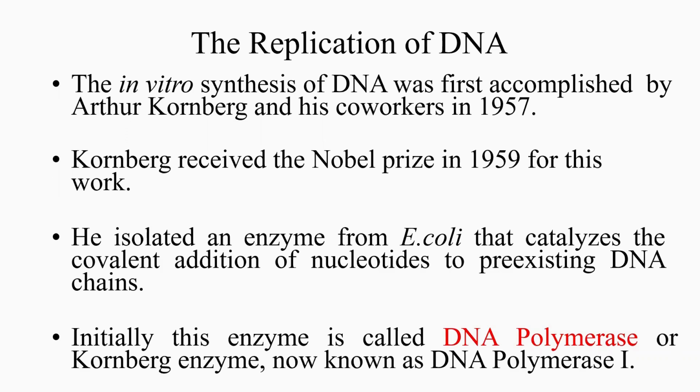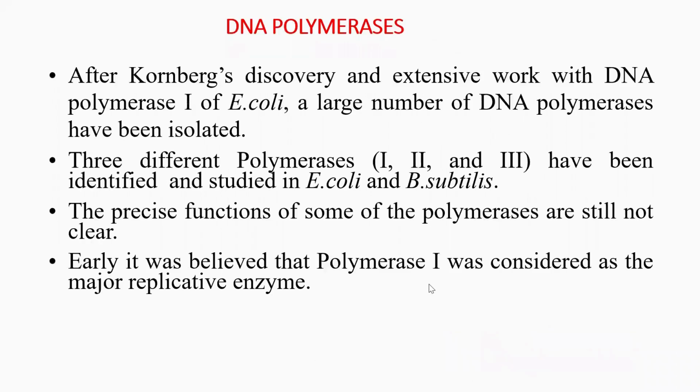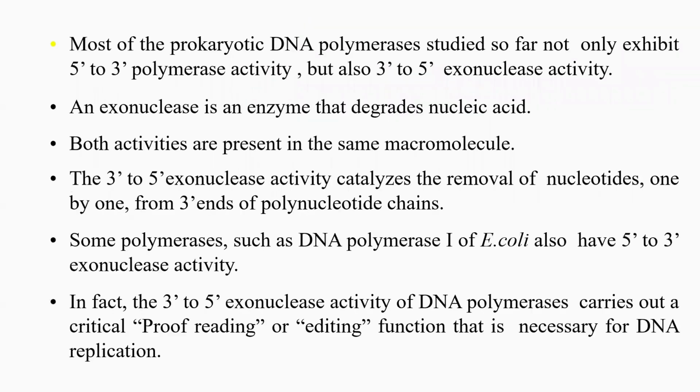Hence, this enzyme is also known as the Kornberg enzyme, and it was DNA polymerase first. Three kinds of DNA polymerase enzyme are identified nowadays: DNA polymerase first, second, and third. We are going to discuss more about these enzymes.